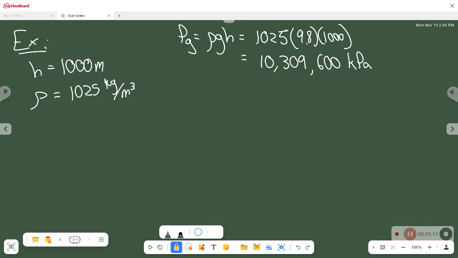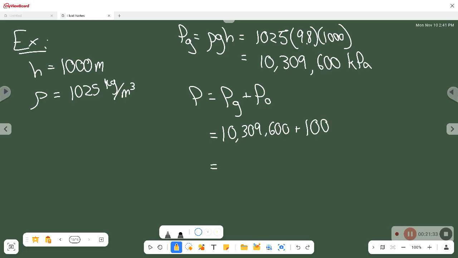And then to find the absolute pressure, that is gauge pressure plus atmospheric. Gauge is that big number, plus atmospheric, which is not going to make much of a difference here because we have such a big amount of pressure. That atmospheric number is 101, not just 100.